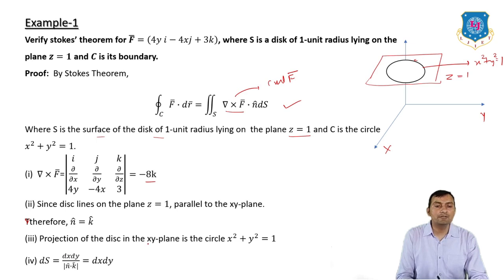Now just take the projection of the disk in the xy plane, and you can easily verify that it is x square plus y square equal to 1. So in that case dS will be dx dy divided by mod of n cap dot k cap. Because n cap is k cap, k dot k is only 1.